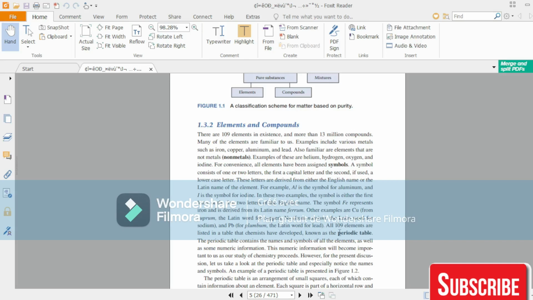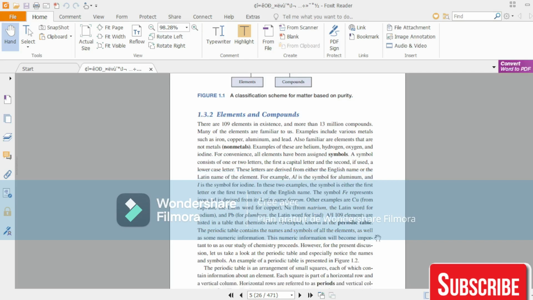Other examples are Cu from cuprum, the Latin word for copper, Na from natrium, the Latin word for sodium, and Pb for plumbum, the Latin word for lead. All the 109 elements are listed in a table that chemists have developed, known as the periodic table.